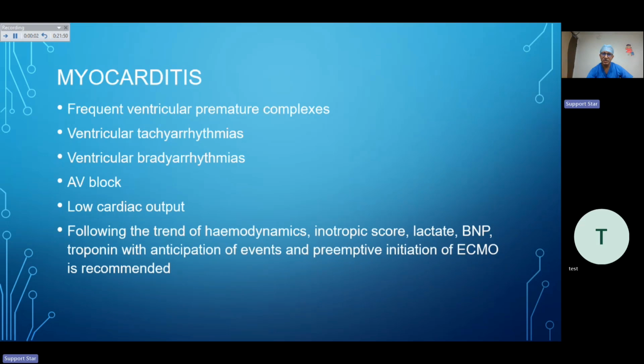So these are the harbingers of arrest. Like arrhythmias, ventricular tachyarrhythmias, bradyarrhythmias, AV block, etc., where there is a rise in lactate, and you anticipate events and start ECMO early.